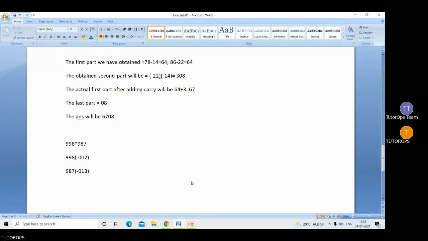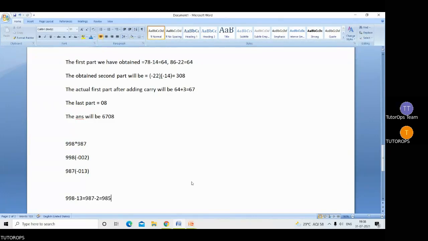Now I need to do the cross subtraction for the first part of our answer. So what will be the result of cross subtraction? We need to check. That is, the first part of our answer will be 998 minus 13, or 987 minus 2. For both cases, that will result in 985.